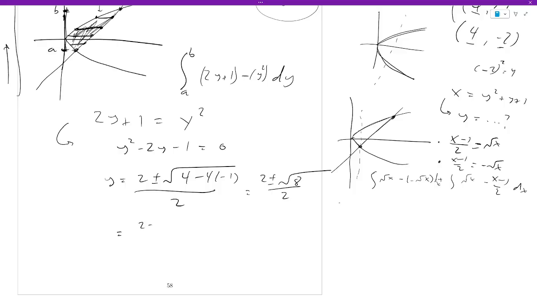We can try to simplify it. A good thing to do with this root, 8 is really 4 times 2, right? When you square root, you can square root each of the parts and multiply them together. So we get root 4 root 2 over 2. So this root 4 is actually a 2, so I can cancel 2 out of everything. I'm going to get 1 plus or minus root 2.